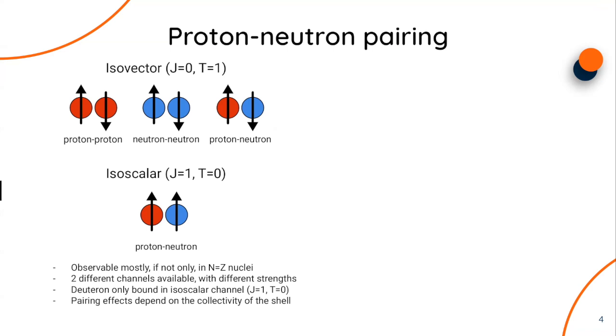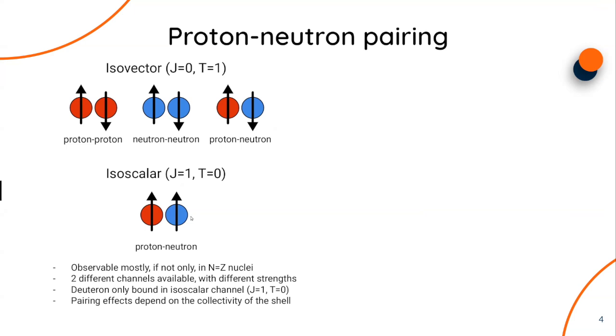There are not so many. And the idea to study this proton-neutron pairing is to try to understand which pairing strength is the strongest. For instance, we could think about the most simple proton-neutron system, which is the deuteron, simply one proton, one neutron. And we can see that the deuteron is only bound in the isoscalar channel. So there is only the ground state, spin equals 1, isospin equals 0, and the other states are not bound.